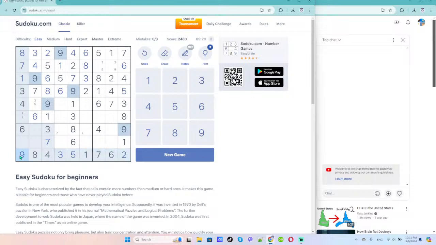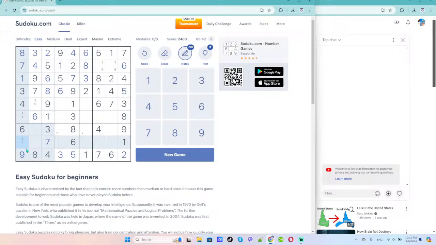That's complete. Now there are 2 and 5, the two candidate numbers in this cell. You know, if we find these two cells, we can find this one.